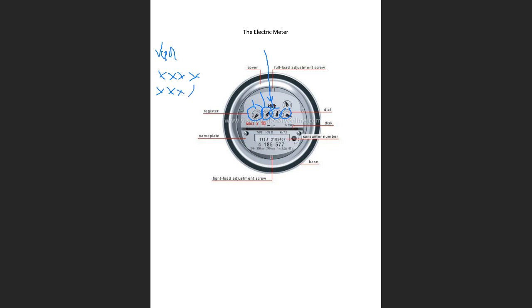Then they can subtract this number from that number to tell how much of whatever it is you pay for you used. So when they take the difference, that's how many of these things you're calling kilowatt hours you used.